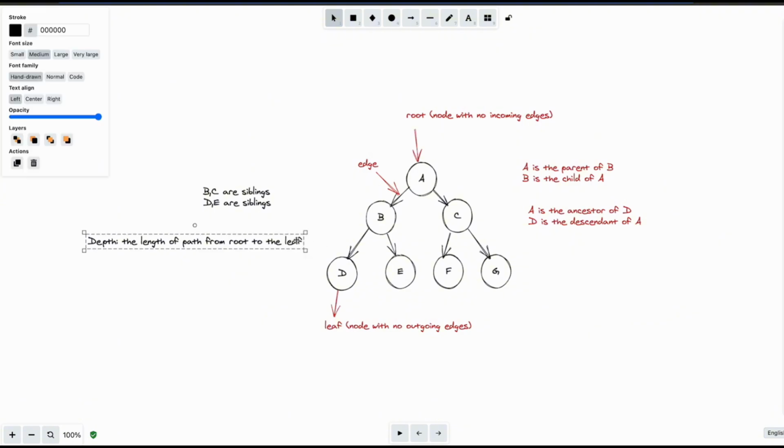And we also have some questions like find the minimum depth or maximum depth of a tree. So what is the definition of the maximum depth of a tree? Usually we call it the height of a tree. In other words, the height of a tree is the longest path from the root to a leaf.